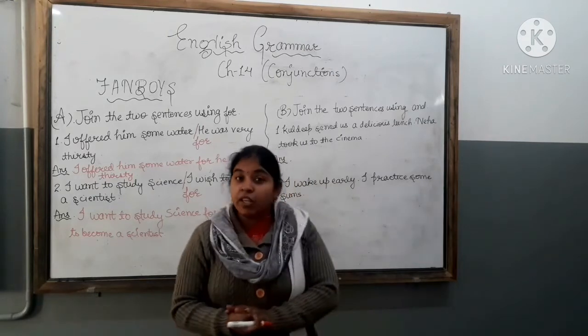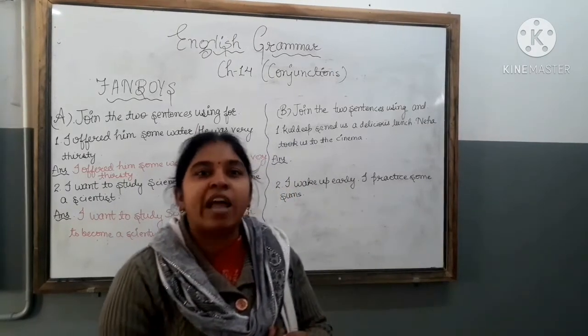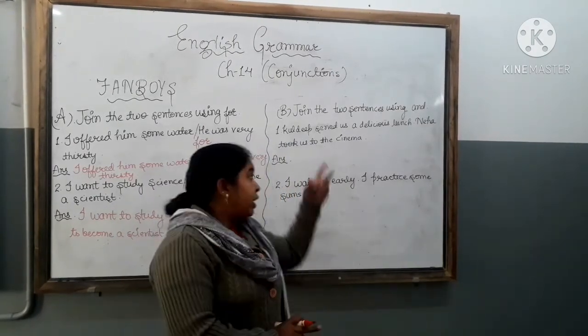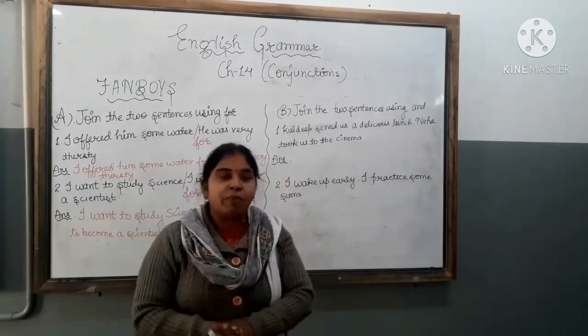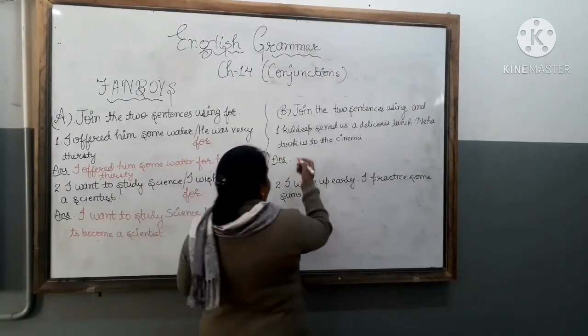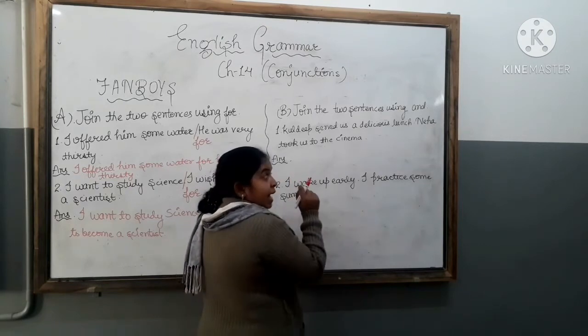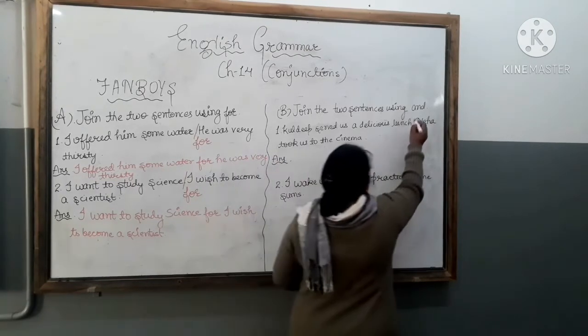Now here we use and conjunction for similar facts, for the information. So here in this sentence we are getting the information. So we will add and conjunction at this place.